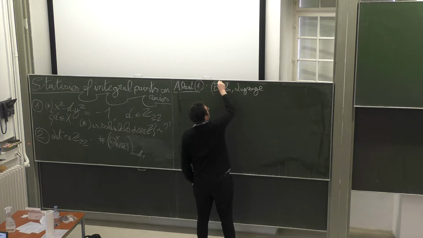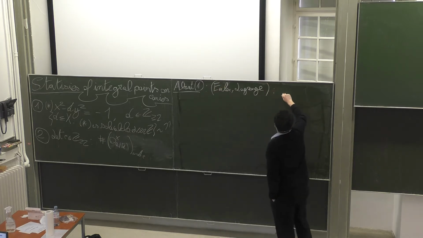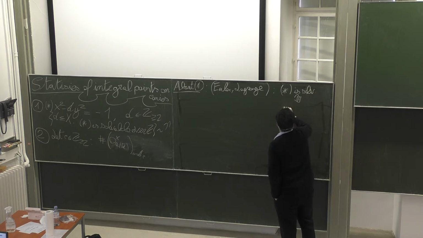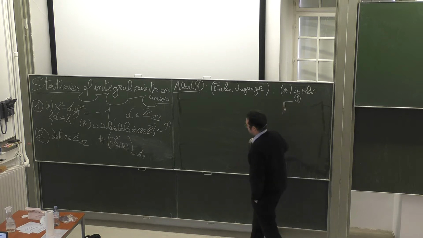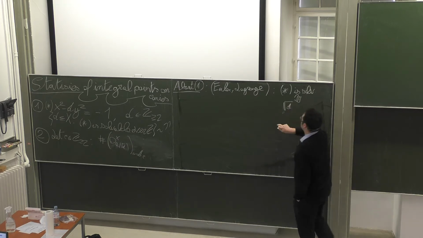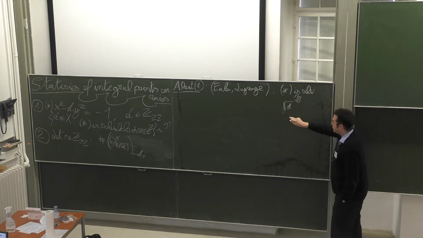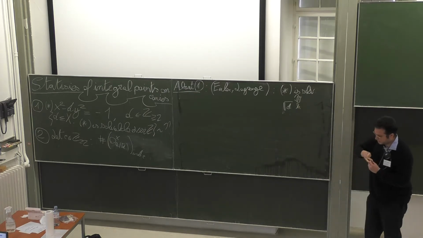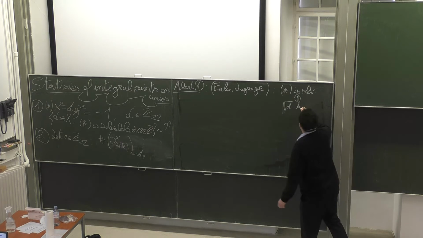And they knew that star is solvable if and only if, they gave a criterion for the solvability of star in terms of the continued fraction expansion of root d, namely that the length of the period in the continued fraction expansion must be odd.